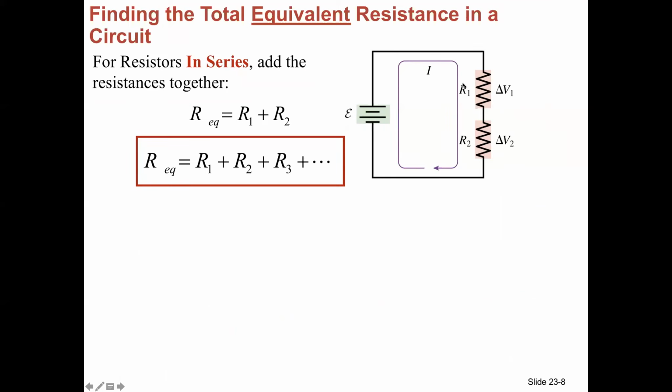So in this case, the voltage across one resistor plus the voltage across the second resistor, if we use Kirchhoff's loop law, or conservation of energy, these two added together have to be equal to the voltage gain from the battery.